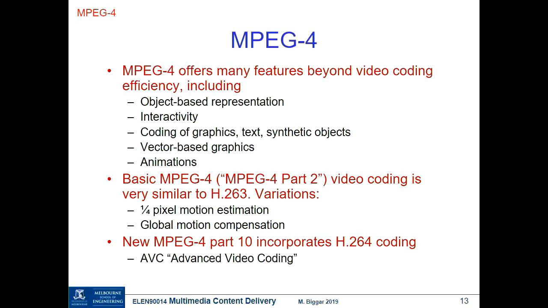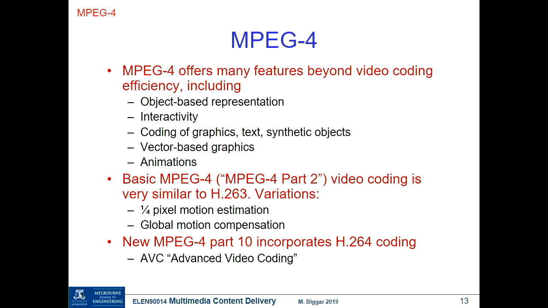So there are two video coding solutions in MPEG-4. Tell me if this is a bit confusing because it's all about the internal structure. But there was an MPEG-4 Part 2, which is a video coding system. It is specific to MPEG-4, but it's very similar to H.263 with a couple of minor variations.